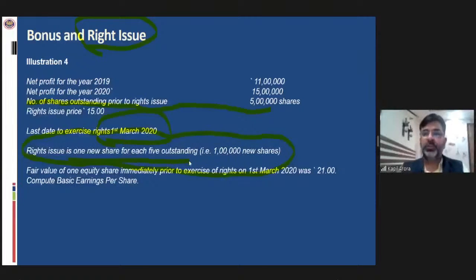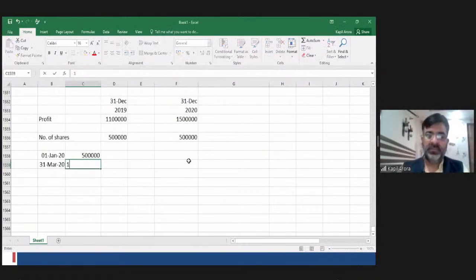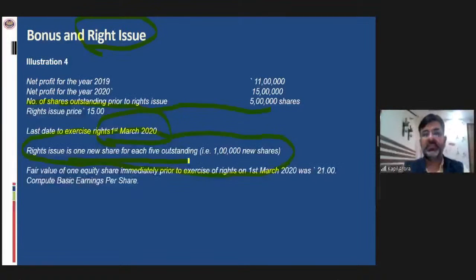So the right issue in this case is 1 share for every 5 shares, but the price for this right issue is 15.